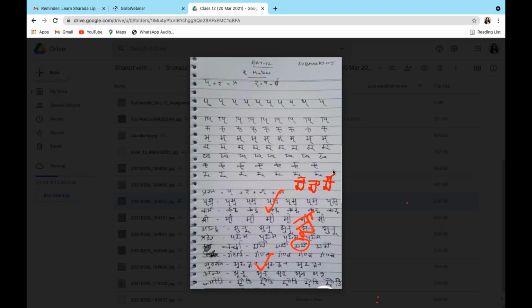This is incorrect. The upper part of r, the horizontal stroke of r itself, will be the shirorekha of the letter. So just make note of this again here. The shirorekha that is drawn above the main height of the other letters is not the correct form to write.